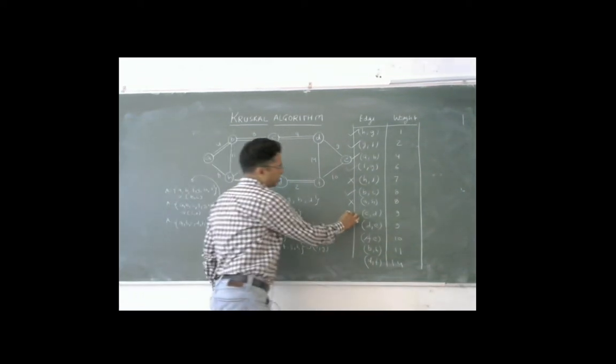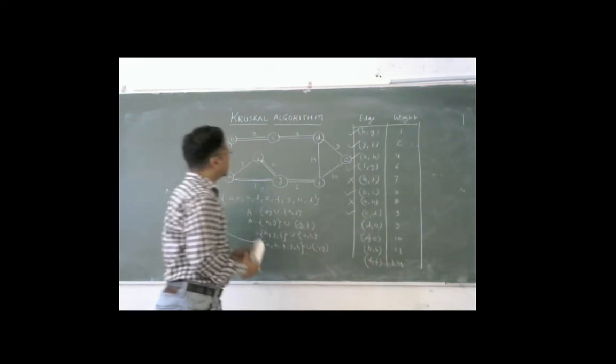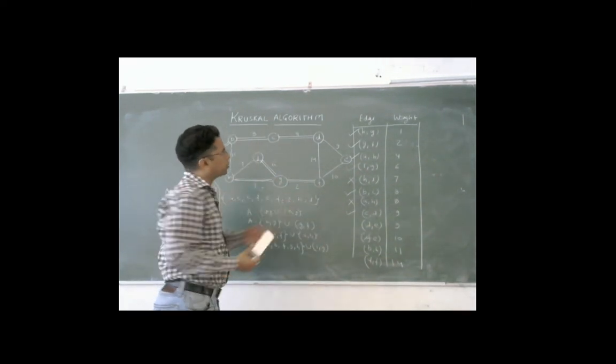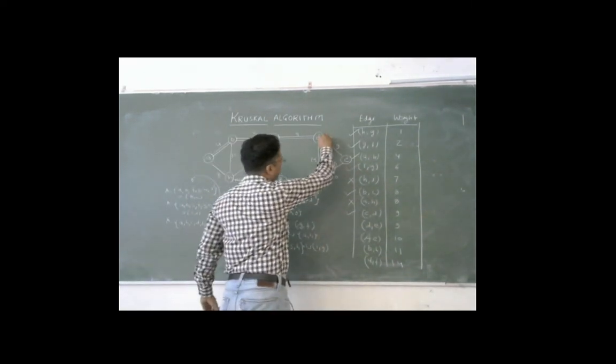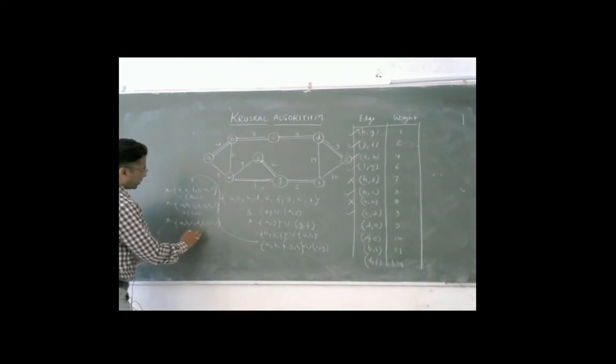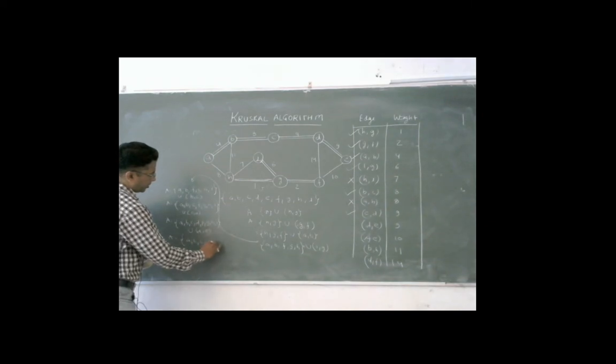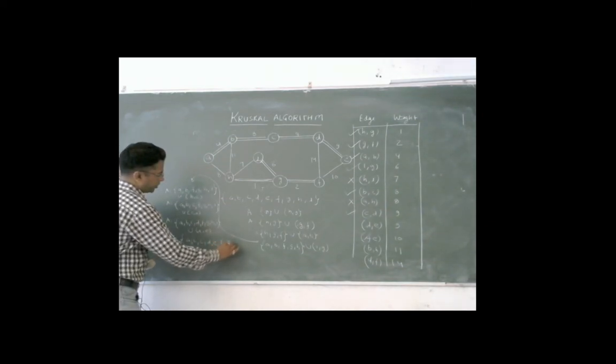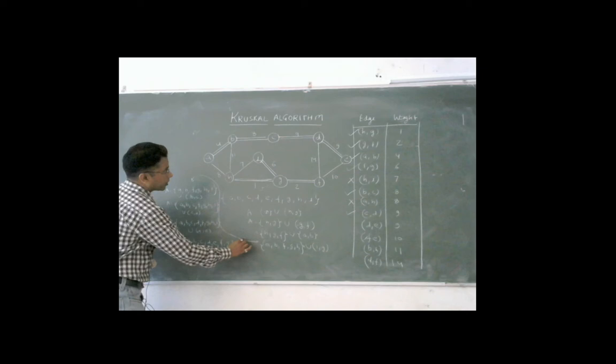Now next is DE. D is not in the set, so we will add this one. Union with DE, we will get A equal to A, B, C, D, E, F, G, H, I.